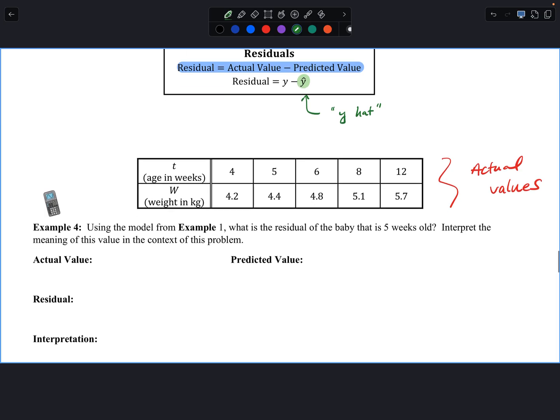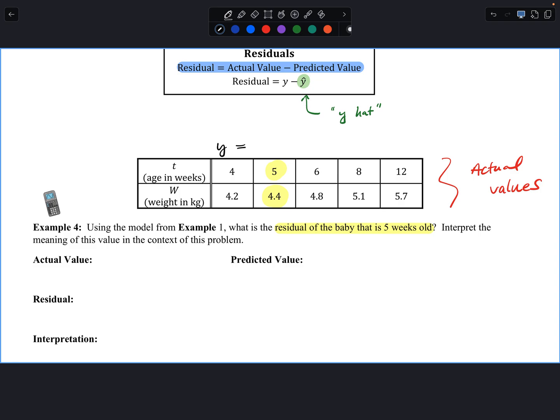All right, so using the model from example 1, what is the residual of the baby that is 5 weeks old? So we're looking at 5 weeks old. The baby was 4.4 kilograms. Do you guys remember, you have it written down, right? From our first example, so we're all on the same page. This is the same exact table we did at the very beginning of class. So when we calculated the regression, y was equal to what?